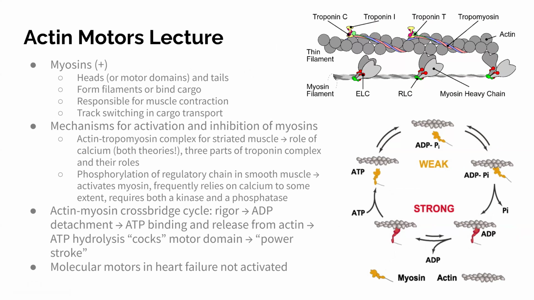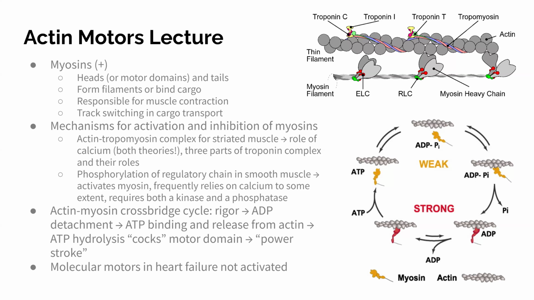For the dyneins and kinesins, it basically means walking in the direction of the positive or negative charge. But for the myosins, it means pulling two positives together rather than pulling two positives apart, which would mean it would be negative.